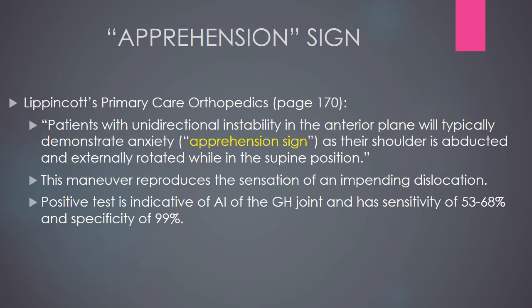So a positive test is indicative of anterior instability of the glenohumeral joint, and as we mentioned earlier, has a very high specificity for those cases wherein there is bona fide anterior instability.